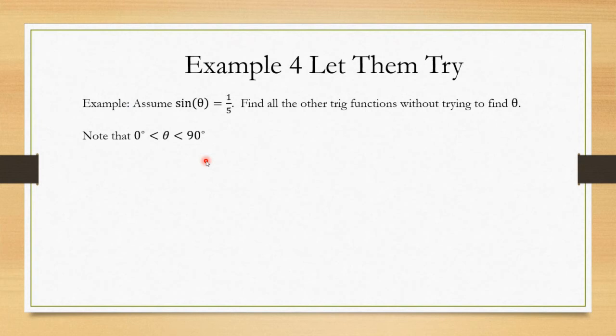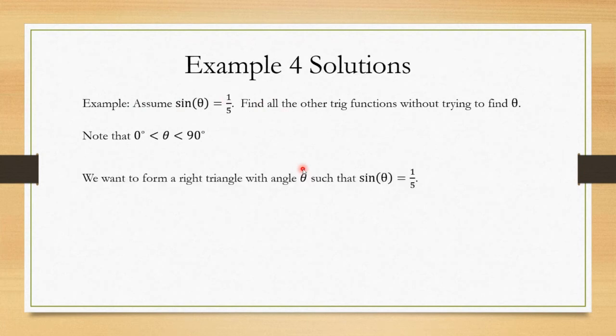We don't know what theta is, and that's all right. We want to draw a right triangle with angle theta so that sine of theta is a fifth. That's what we want to do first.